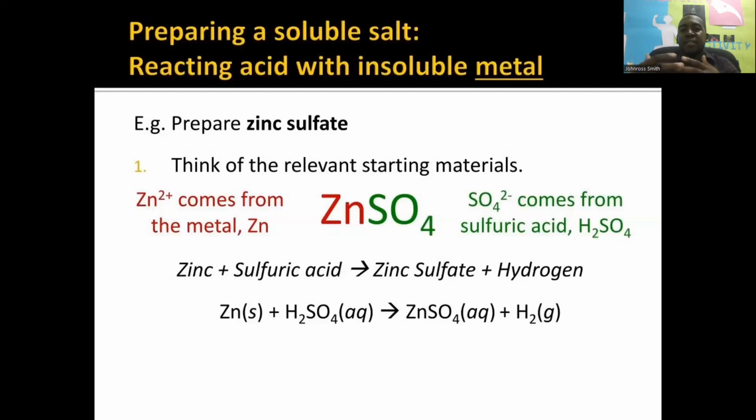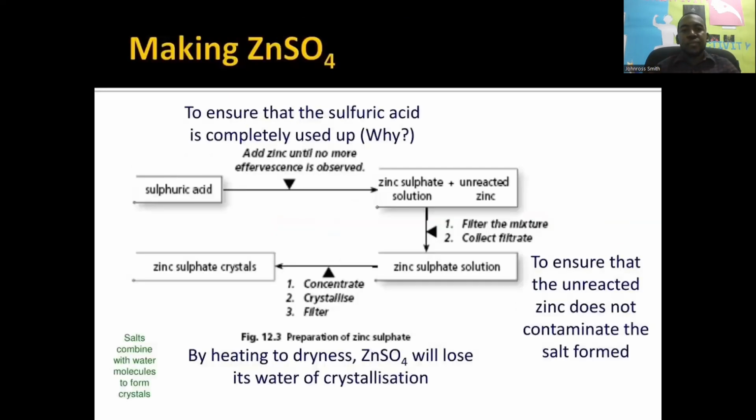Remember, the acid always gives us the non-metal part. So to produce zinc sulfate, we need the sulfate from sulfuric acid, and we mix it with excess zinc metal. Then we get the zinc sulfate and hydrogen gas. To ensure that the sulfuric acid is completely used up, we use an excess of the zinc.